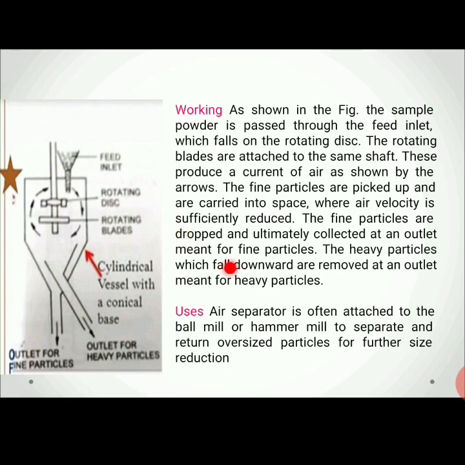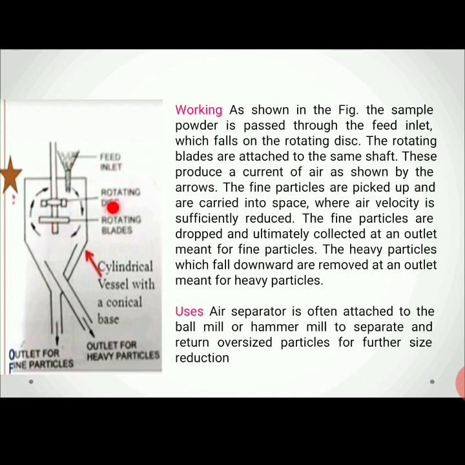First, when the motor is started, the disc and the blades rotate in a motion, which produces a current of air, shown by these arrows. After that, powder is introduced through the feed inlet, so the powder falls down onto this rotating blade.